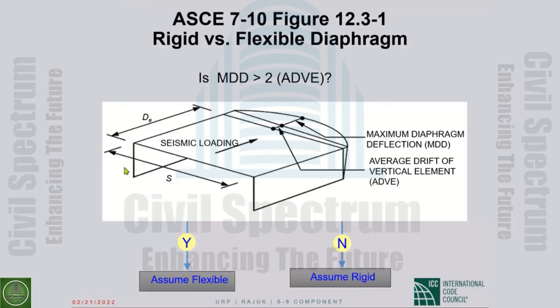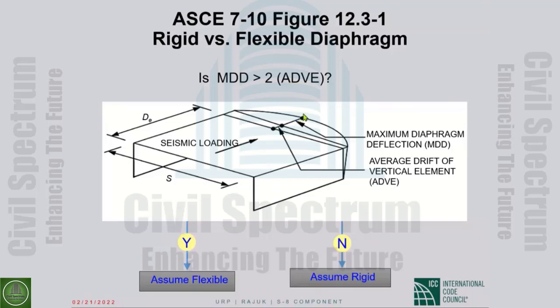Anyway, we will calculate the interstory drift of this shear wall under its tributary load, and we will calculate the interstory drift of that shear wall under its tributary load. The average of those interstory drifts is ADVE.